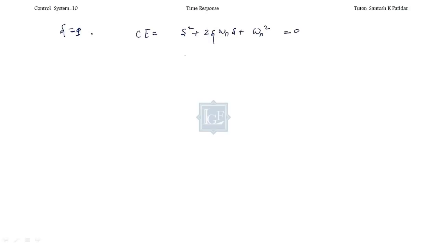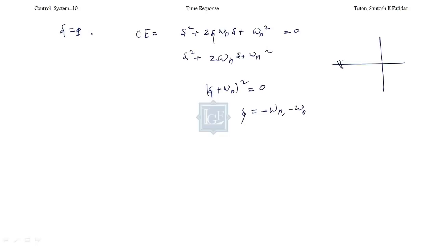Now your zeta is exactly 1, so it will be s square plus 2 omega n s plus omega n square. So this is nothing but (s plus omega n) whole square equal to 0. So s is nothing but minus omega n, minus omega n.